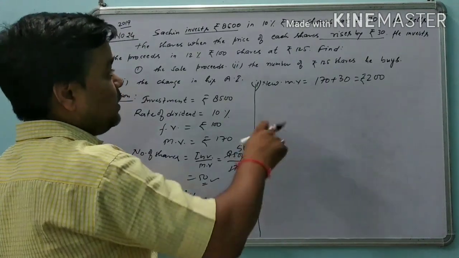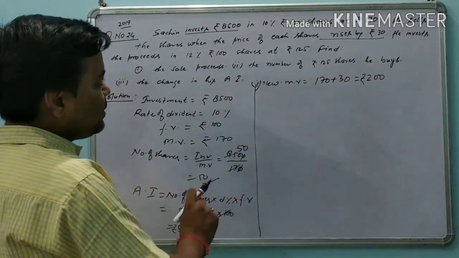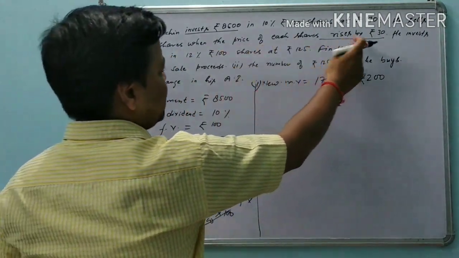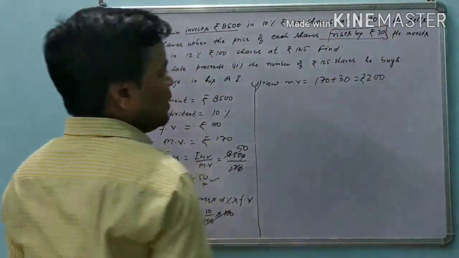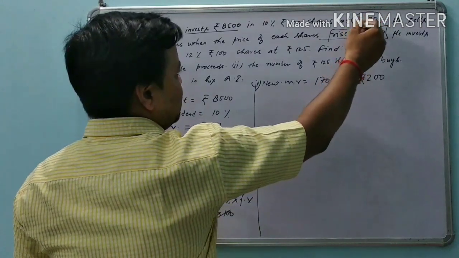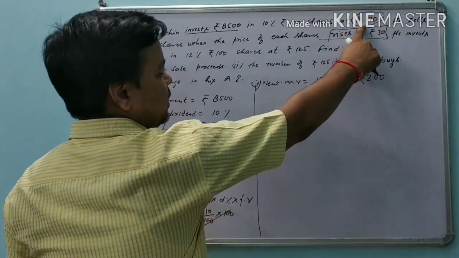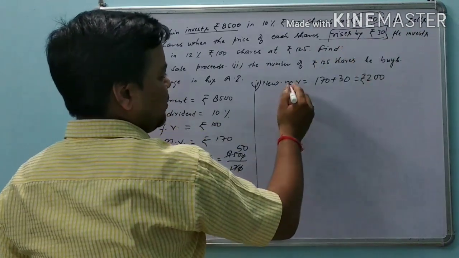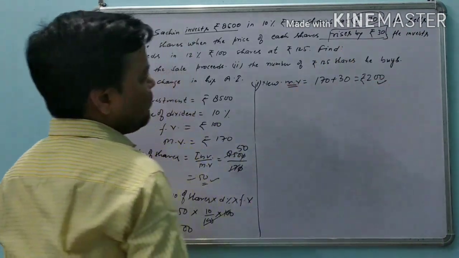Now he sells the shares when the price of each share rises by 30. At first its value is 170, and after that 30 rupees increases. Therefore, the new market value is how much? That is 200. Okay.